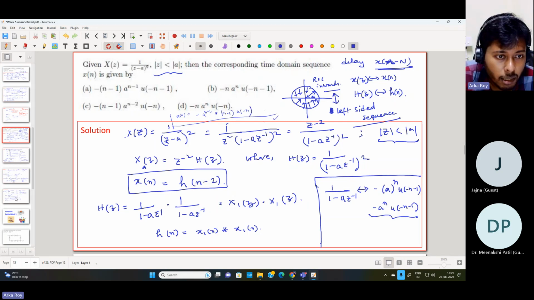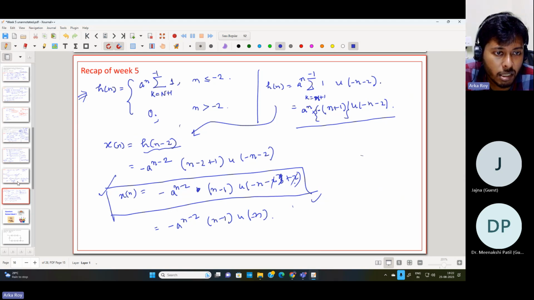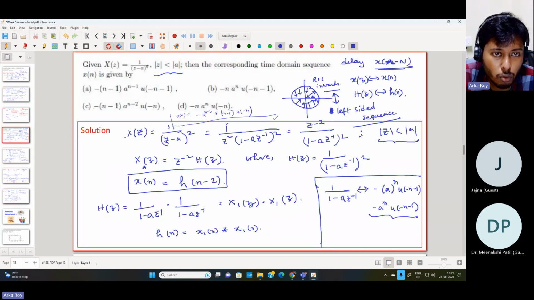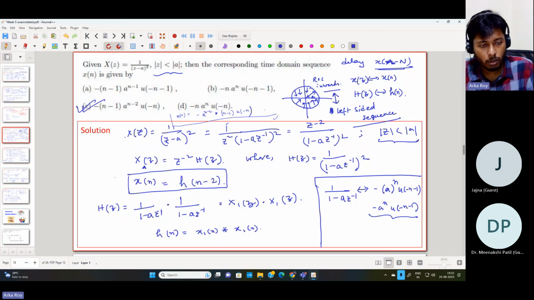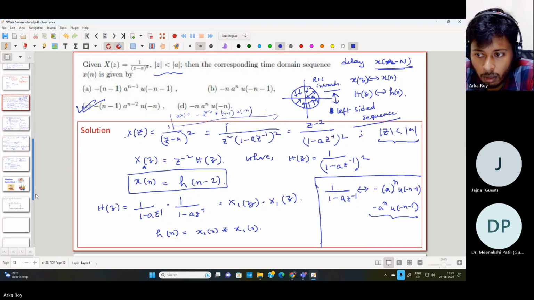Because here we can see that there is n minus 2, so n minus 2 plus 2 will cancel each other. So a to the power n minus 2, then n minus 1, and then minus n. This is matching with this particular option. So option C is the correct answer for this last question.